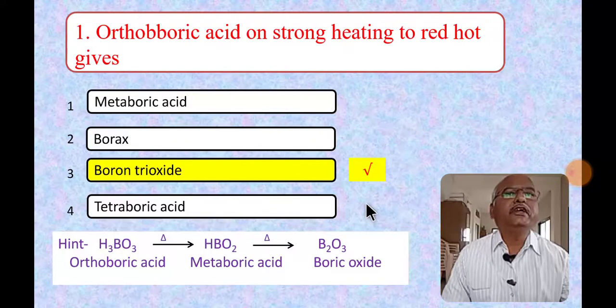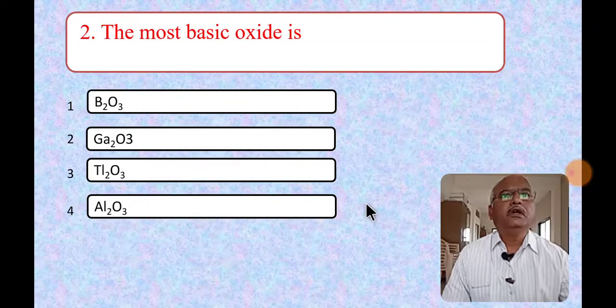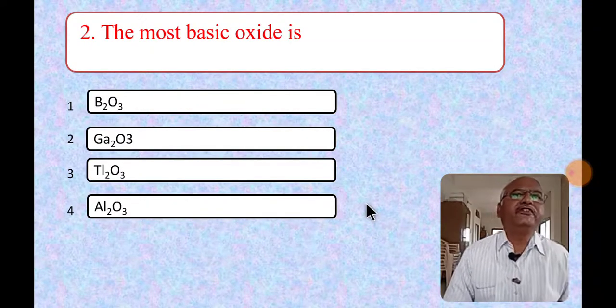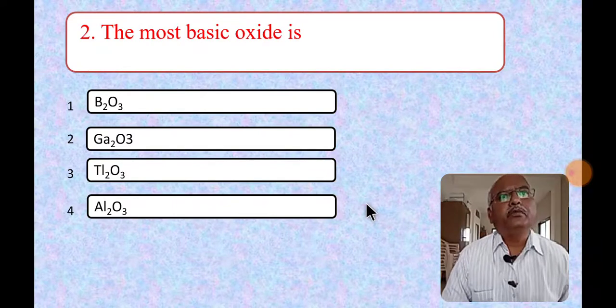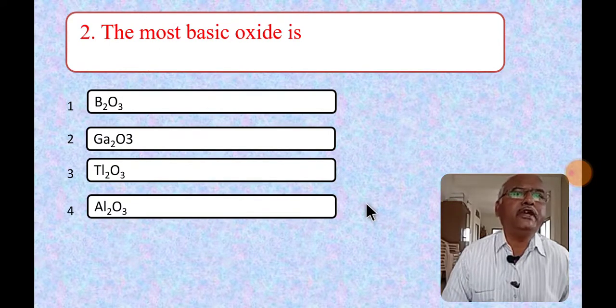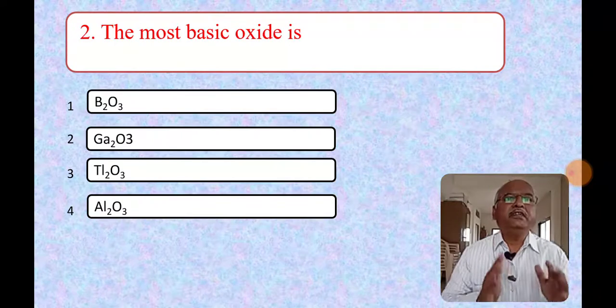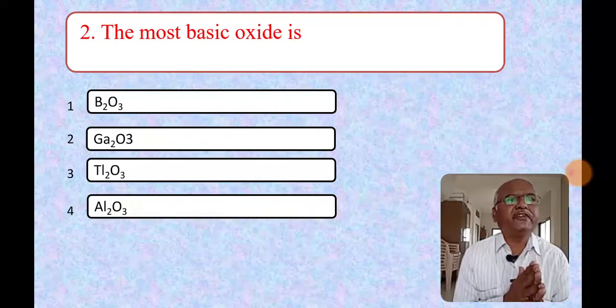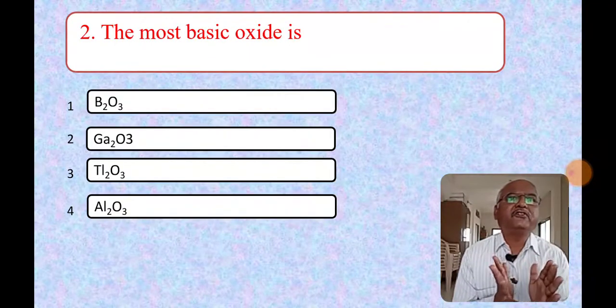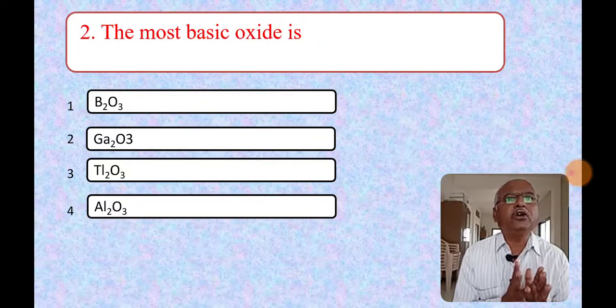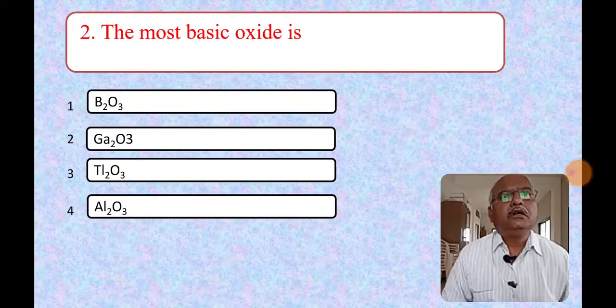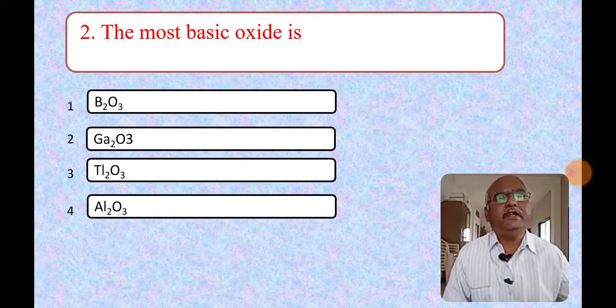Come to the next question. The most basic oxide is B2O3, Ga2O3, Tl2O3 and Al2O3. Remember, these are trioxides and these trioxides belong to the group number 13, that is boron family.